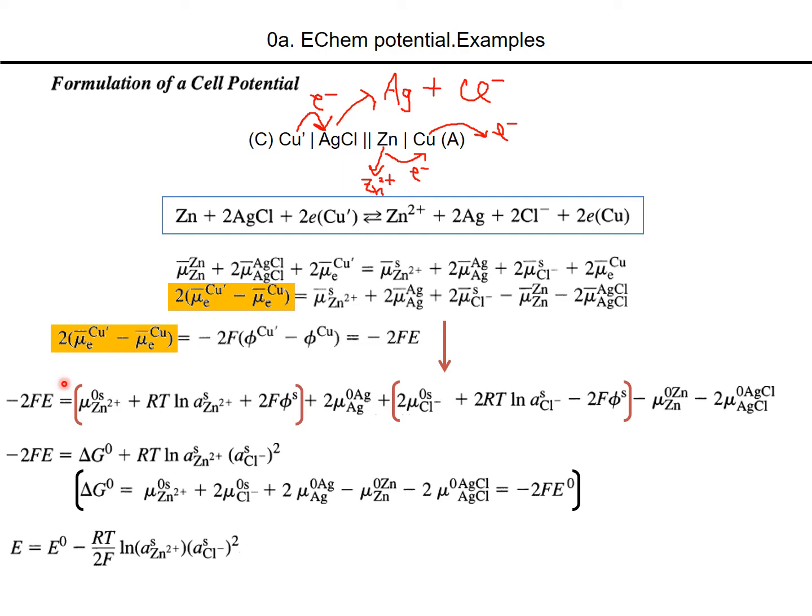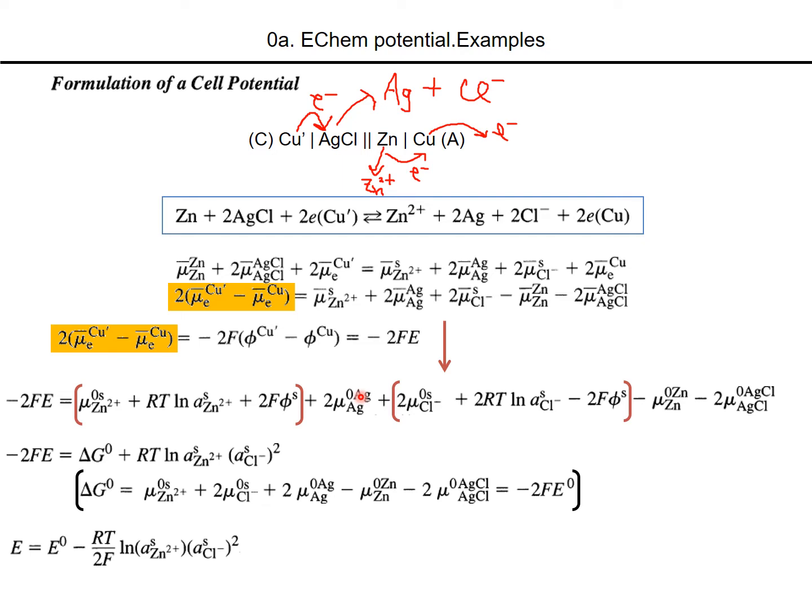then let's go to the right side of this equation. So here, this one is split into 3 terms. And how about silver solid? Silver solid is going to be just the standard chemical potential, because there is no charge and the activity is 1.